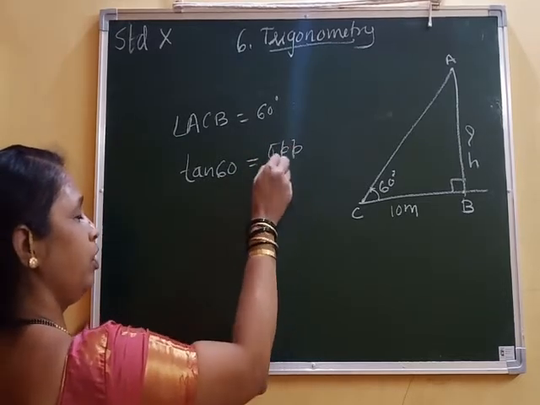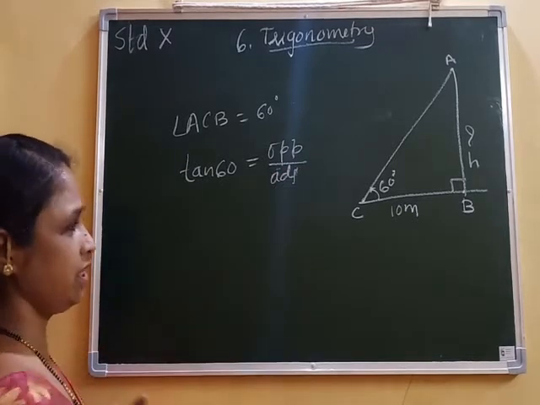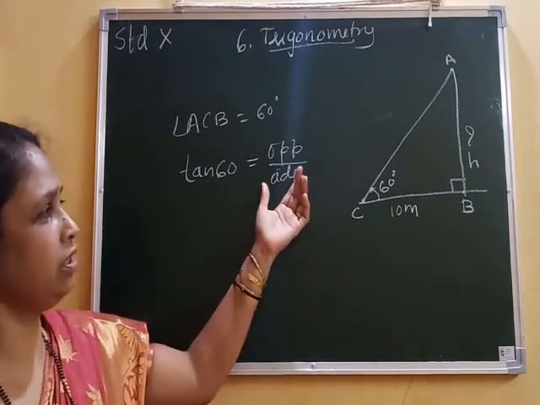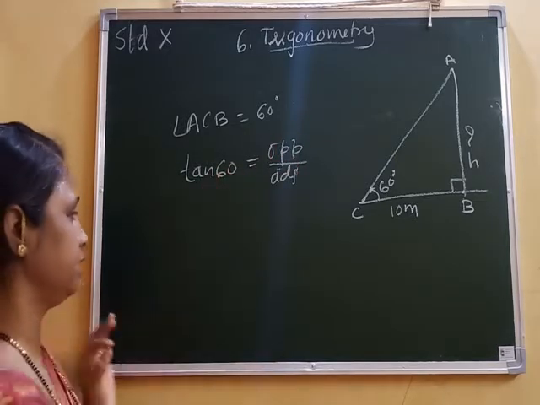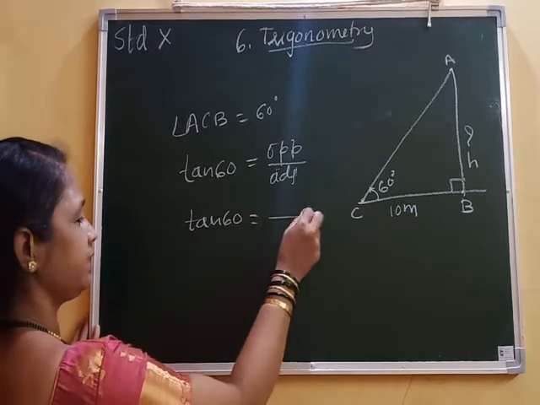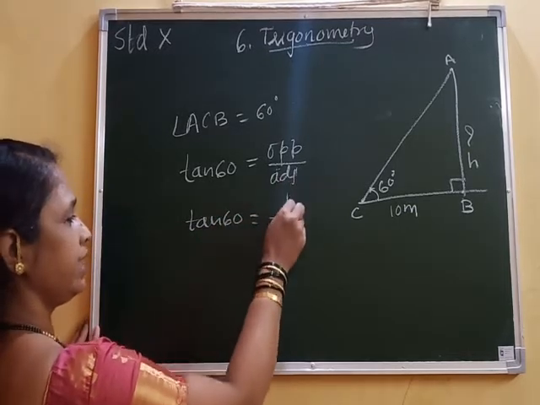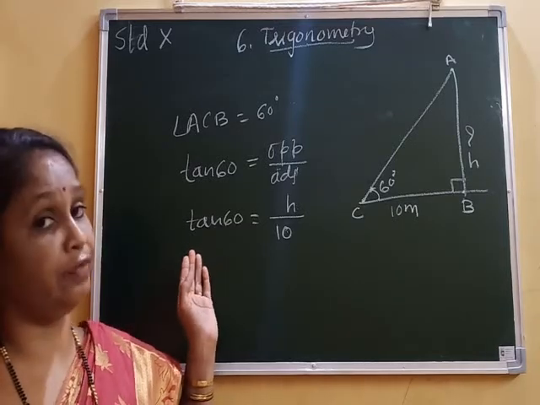So tan 60 is equal to opposite upon adjacent. Using this relation we can find out the opposite side, H. Now tan 60, adjacent side is 10, and opposite side is H, which you have to find out. What is the value of tan 60?